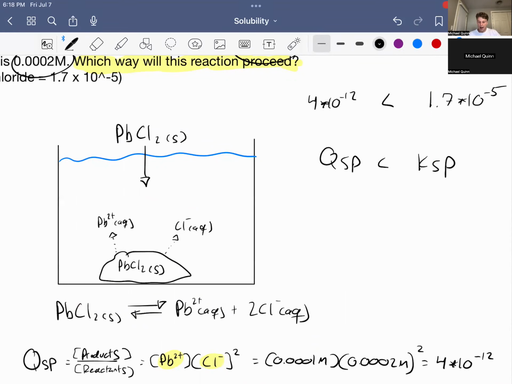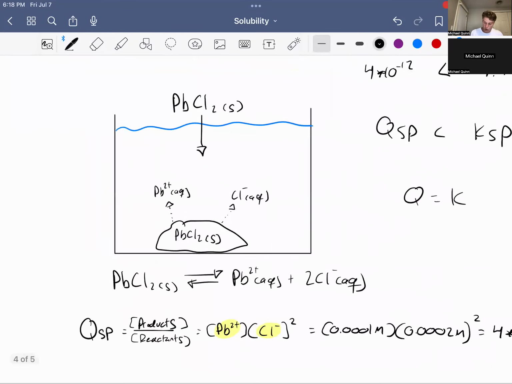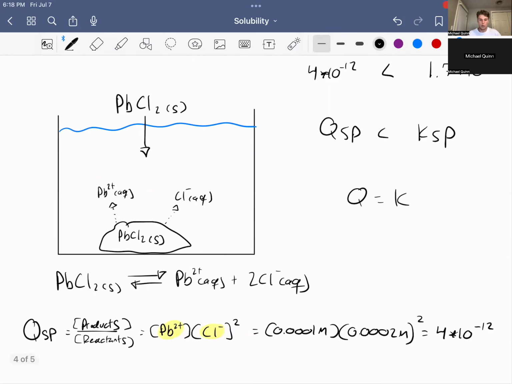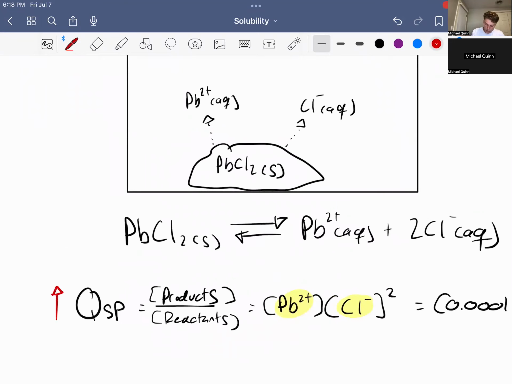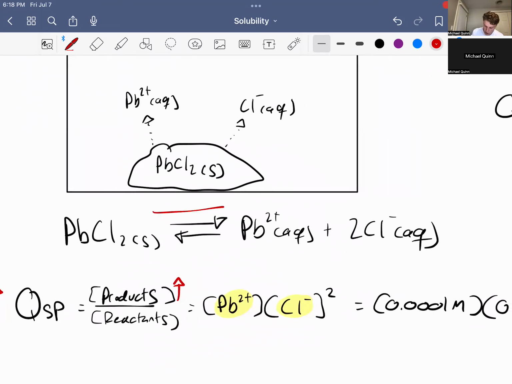So because every reaction is trying to get to a point where Q is equal to K, we need to increase Q so that it can become equal to K eventually. So we need to increase Q by increasing the products. So in order to increase the products, we should shift this reaction to the right. So this solid should continue to make more lead and chloride ions.